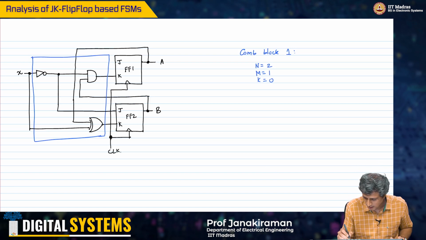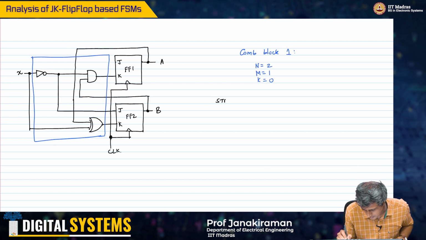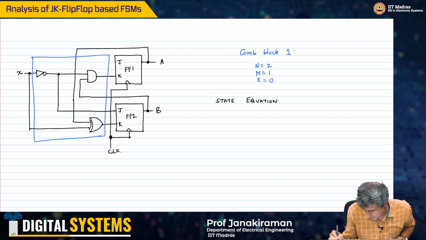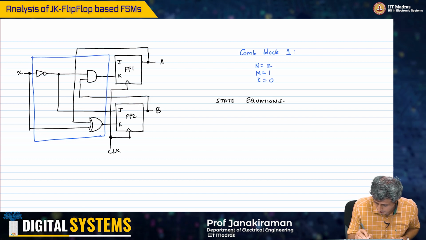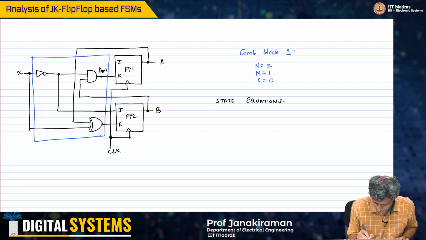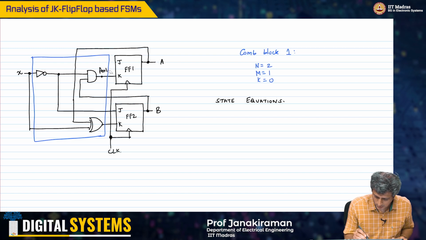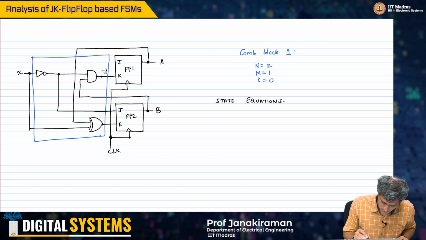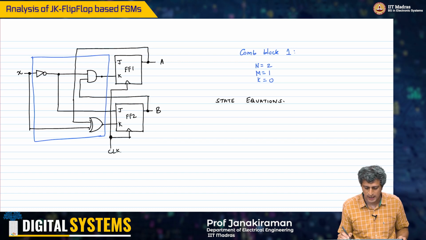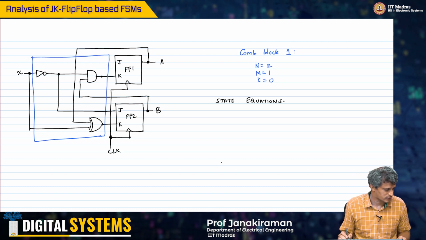Having seen the circuit, we can start off with the state equations. So this output here is what I will call A n plus 1, okay, actually this cannot be this, because this is my J and K of the next state.